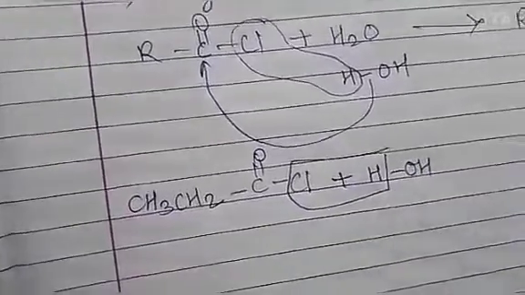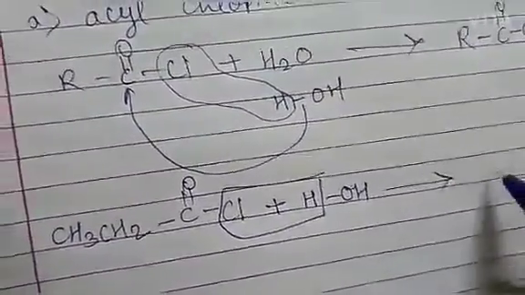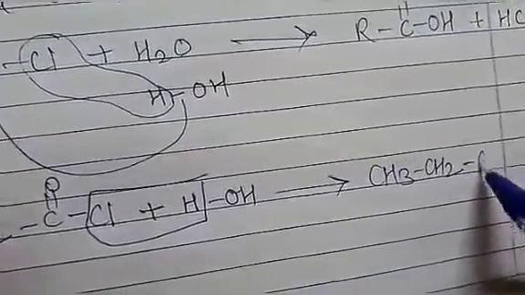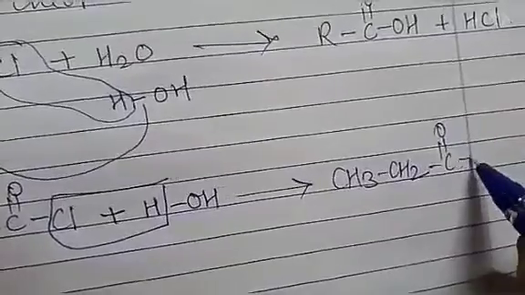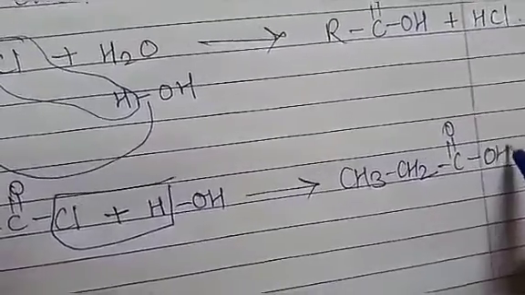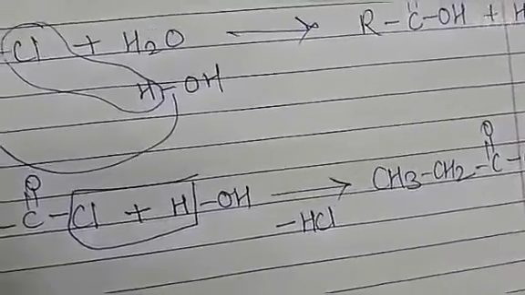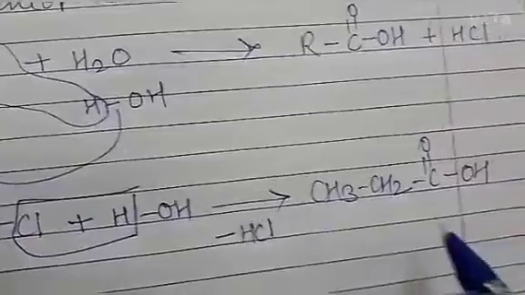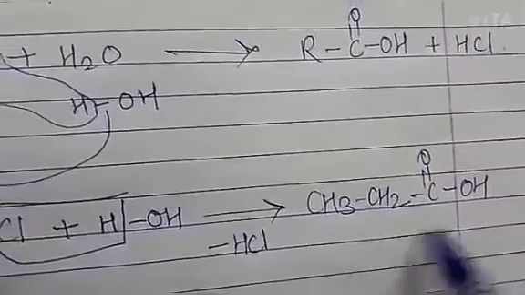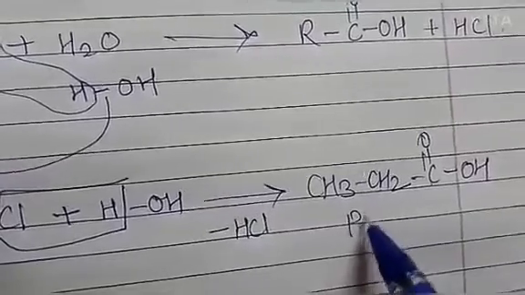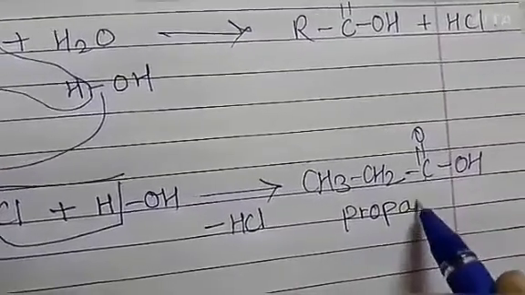This will remove the HCl, then it will form CH3CH2 C double bond O OH, with HCl as the byproduct. This type of carboxylic acid is an aliphatic carboxylic acid. What is the name of this? 1, 2, 3, 3 carbon atoms are there, so it is propionic acid.